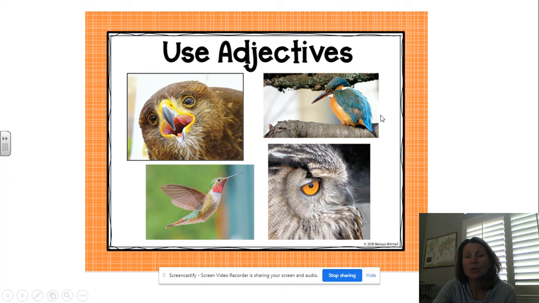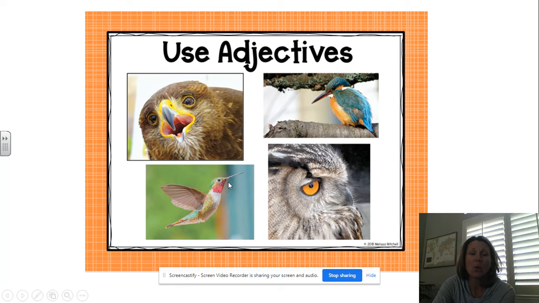Look over here at the little woodpecker. He's very cute. He's very little. He's blue. He's fluffy. What other words could we use to describe him? He's not doing anything now, but if he was going, you could say he was very busy or active. How about this hummingbird down here in the corner? There's lots of cool things we could describe.